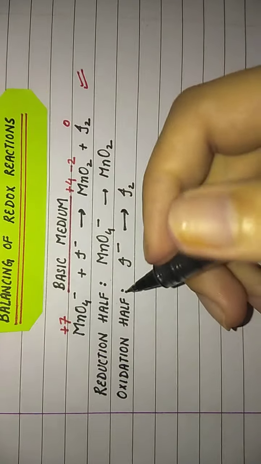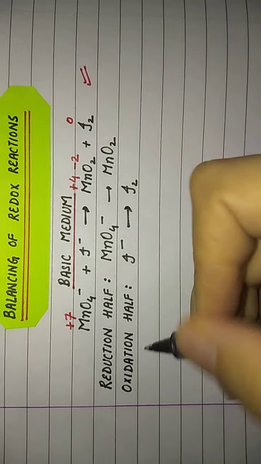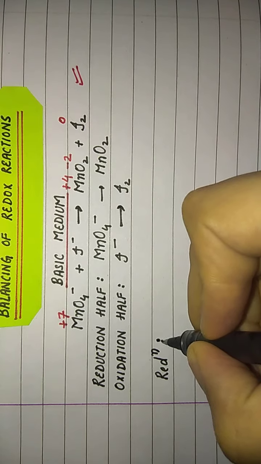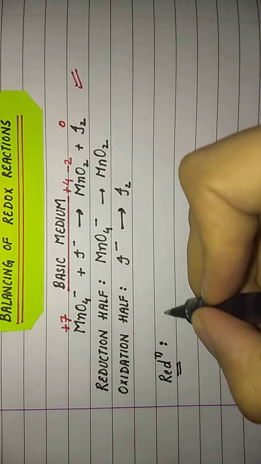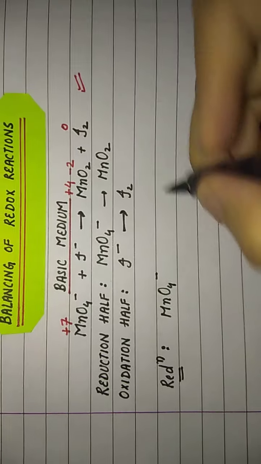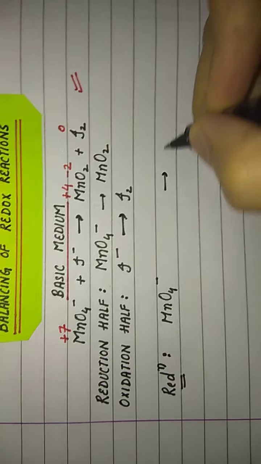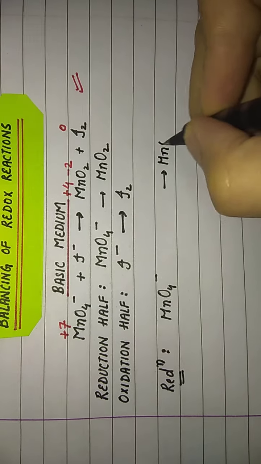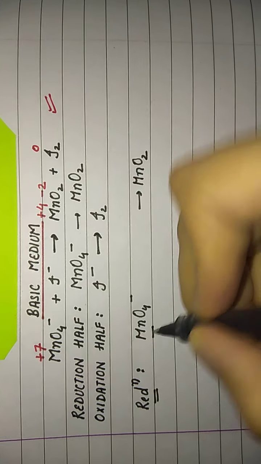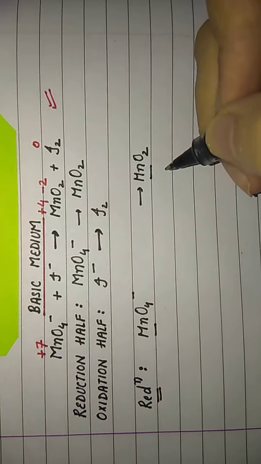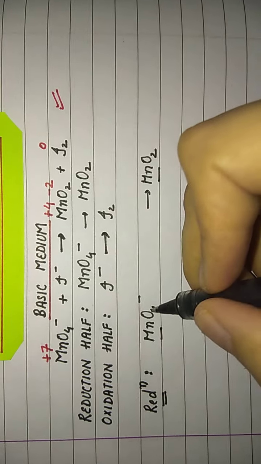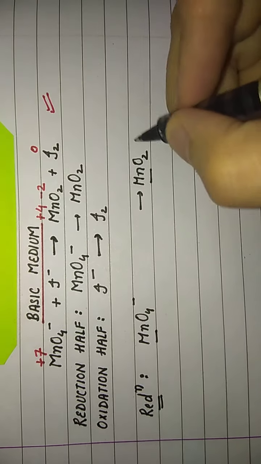Now one by one we will balance both the halves. I am taking up the reduction half first: MnO4⁻ giving MnO2. One manganese on the left and one manganese on the right, so manganese is balanced. Now checking for oxygen, I have 4 oxygens on the left while 2 oxygens on the right.